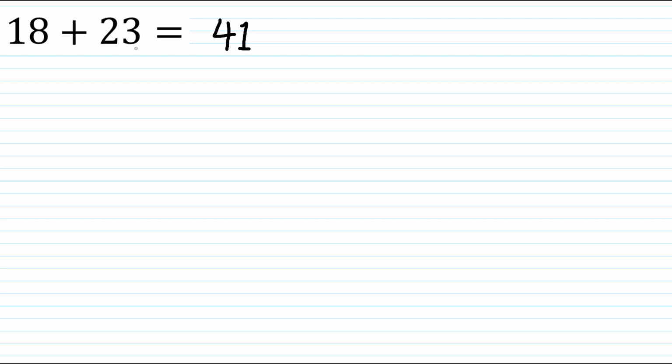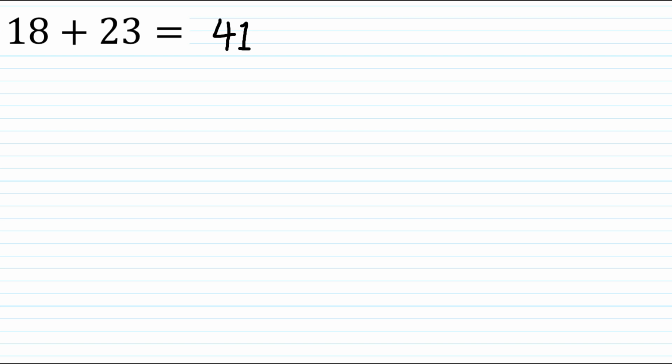But since positive numbers, we don't really need to affix the positive sign, we will not affix it. So, automatic pag walang sign yon, it's considered as a positive number. Okay? So, again, 18 plus 23 will give us 41 or positive 41.